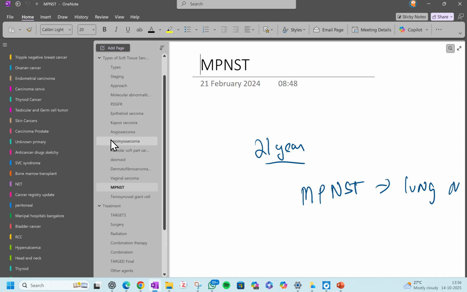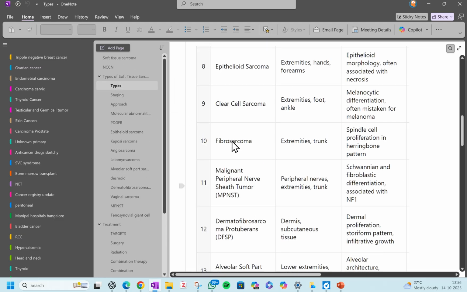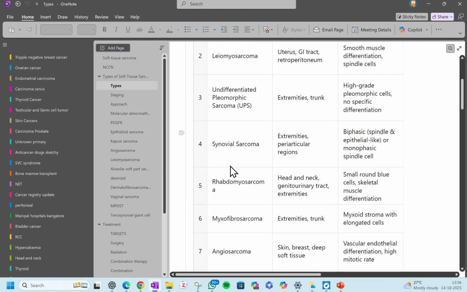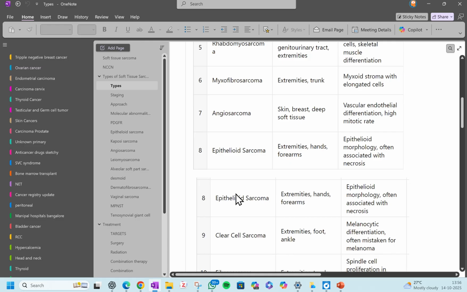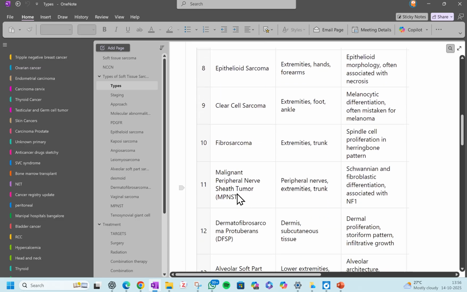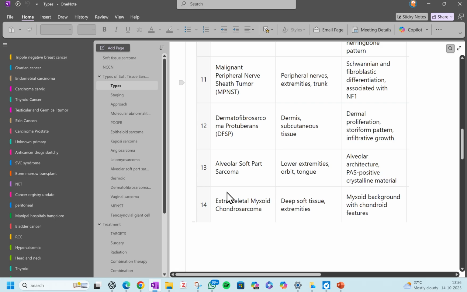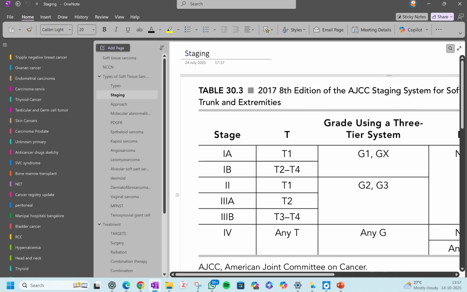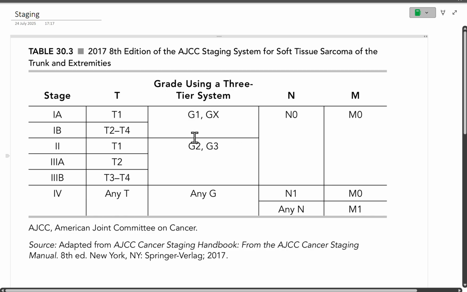It's just like which part: lipo, leio, undifferentiated, sino, rhabdo, myxo, angio, epithelioid, clear, fibro, dermatofibromatosis, desmoid, chondro. So just know that and then briefly know about the staging and the grading.